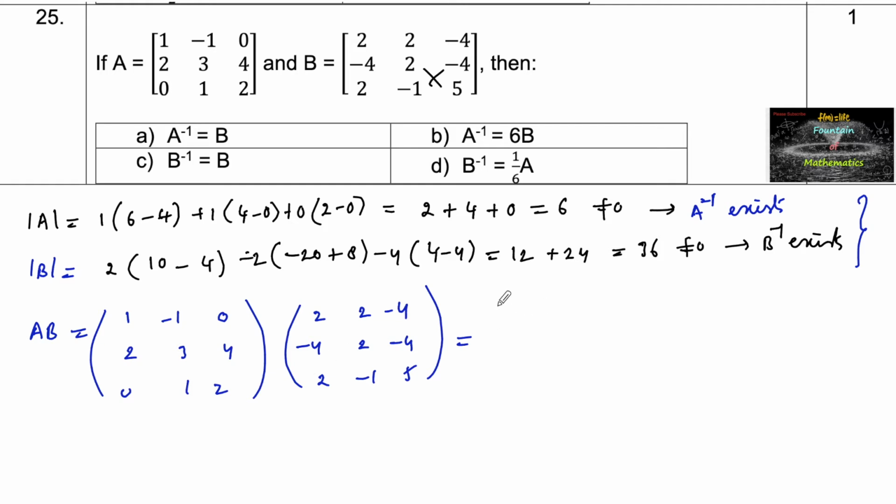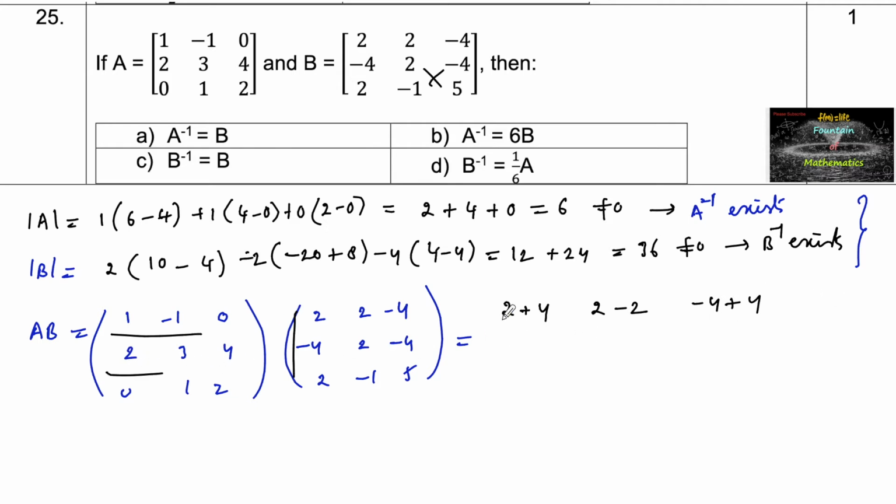First row with first column, so 1 into 2 is 2, minus 1 into minus 4, that's plus 4, 0 into 2 is 0. Next first row with the second column, 1 into 2 is 2, minus 1 into 2 is minus 2, 0 into minus 1 is 0. Next first row with the third column, 1 into minus 4 is minus 4, minus 1 into minus 4 is plus 4, and 0 into 5 is 0.